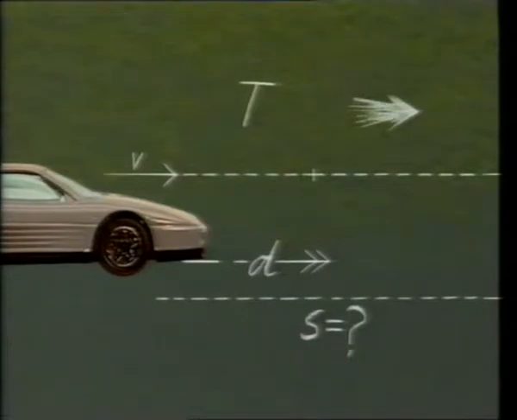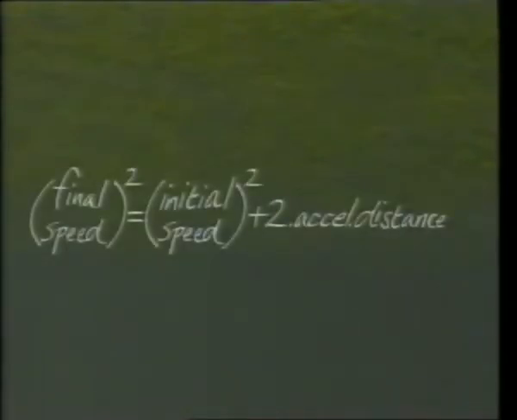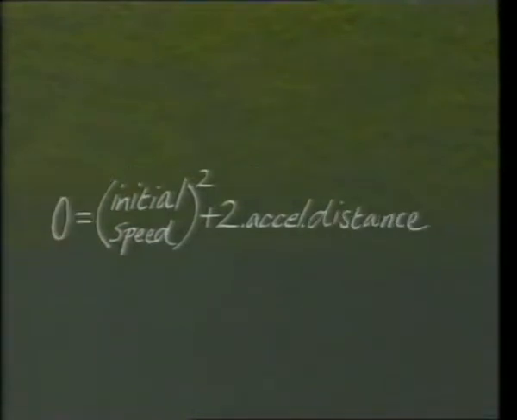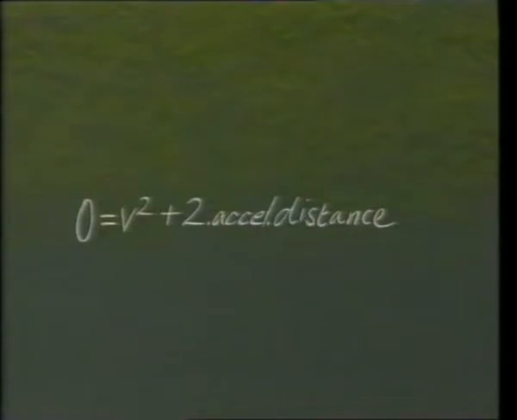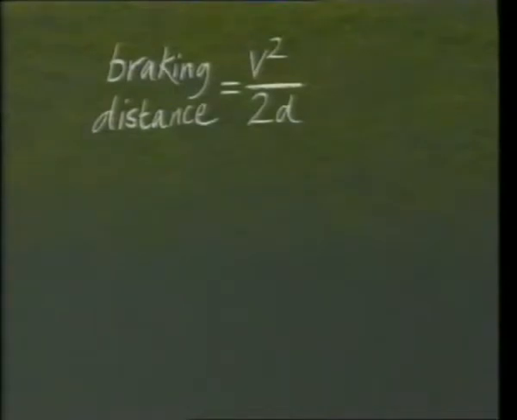During the T seconds thinking time, at V meters per second, you travel VT meters, the thinking distance. Then you begin braking, and now this formula applies. The final speed is 0, the initial speed is V, and the acceleration is minus D. Rearranged, that gives the braking distance.